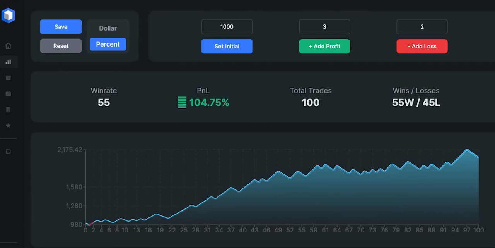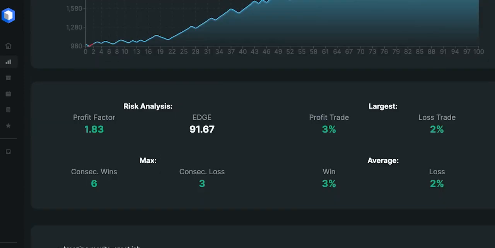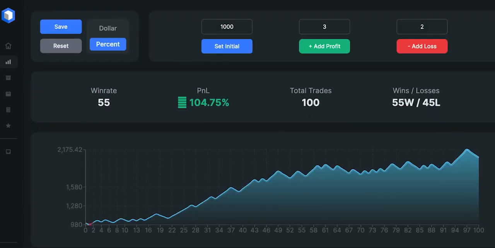So the win rate for this strategy is not 99%, it's only 55%. Our account size has increased by 104.75% after 100 setups, which tells us that the strategy is definitely making some good money. The profit factor is 1.83 and we had 6 consecutive wins against 3 consecutive losses. So overall I think the strategy is pretty good.